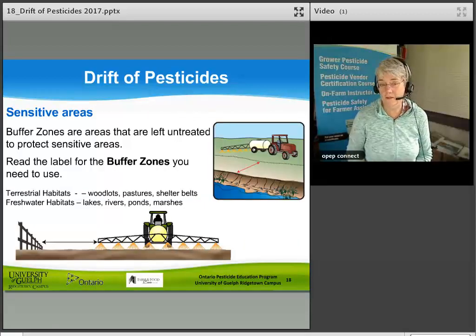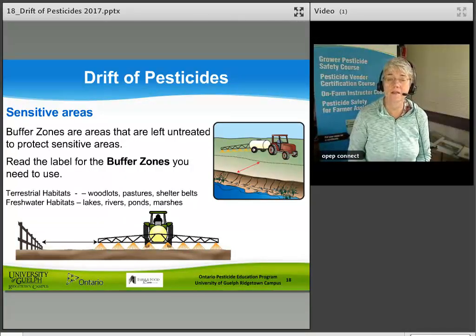Sensitive areas. Buffer zones are areas that are left untreated to protect sensitive areas. Read the label for buffer zones you need to use. There will be a buffer zone chart under directions for use. Terrestrial means land habitats: woodlots, pastures, shelter belts.